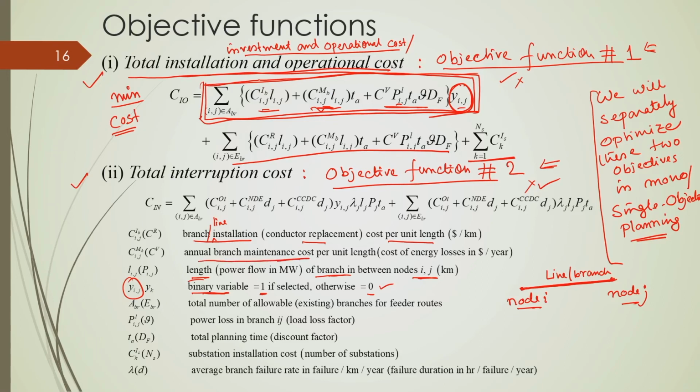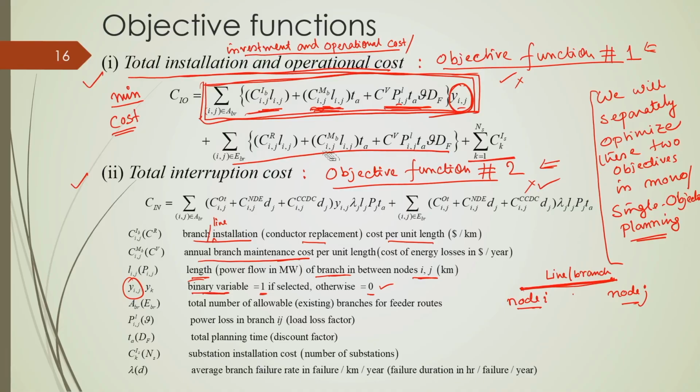So, this is investment cost, this is maintenance cost and this is cost due to energy losses. If we decide to construct this line, then only we will add this installation and maintenance cost as well as cost due to energy loss of this particular line to this objective function. That is something one needs to understand.